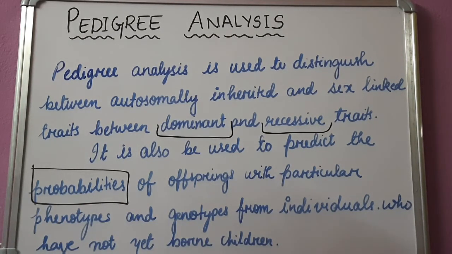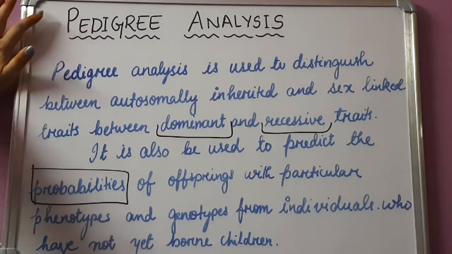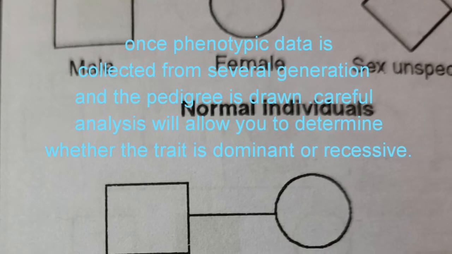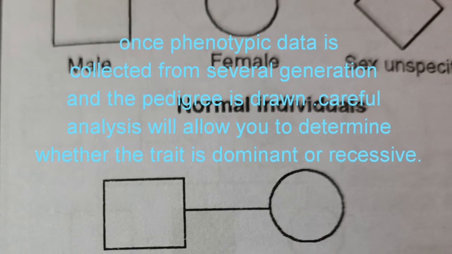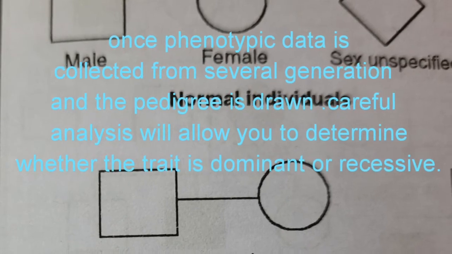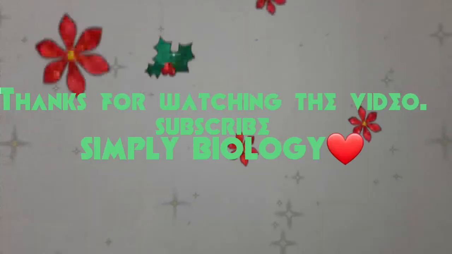Any probabilities of the offspring's phenotype or genotype, from individuals who have not yet had children, can be analyzed through this pedigree chart. Once phenotypic data is collected from several generations, careful analysis will allow you to determine whether the trait is dominant or recessive.